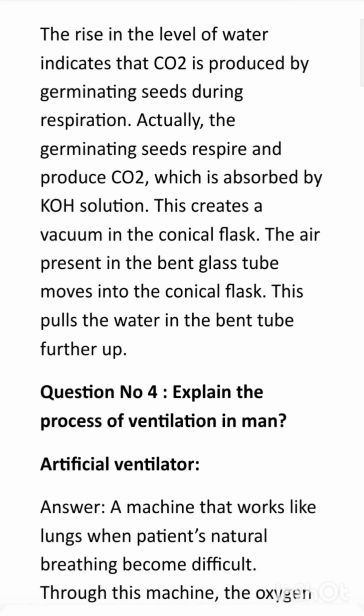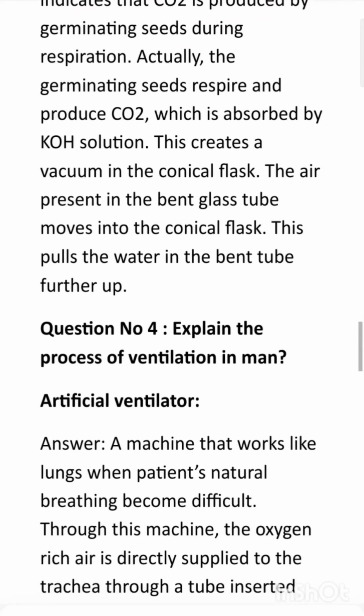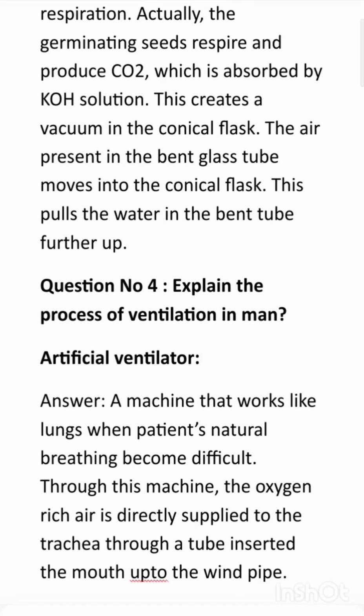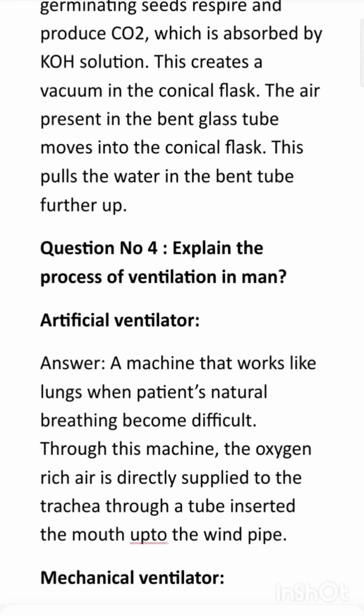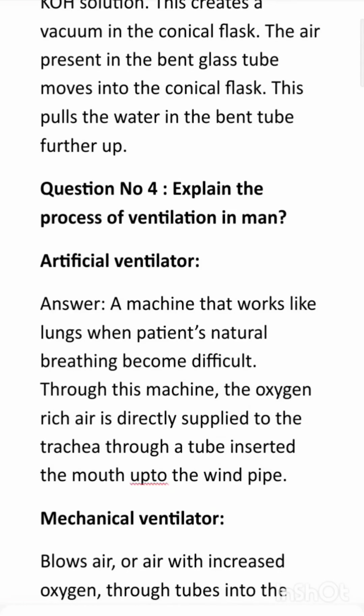Actually, the germinating seeds respire and produce carbon dioxide, which is absorbed by potassium hydroxide solution. This creates a vacuum in the conical flask. The air present in the bent glass tube moves into the conical flask. This pulls the water in the bent tube further.